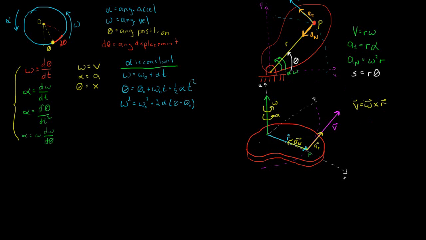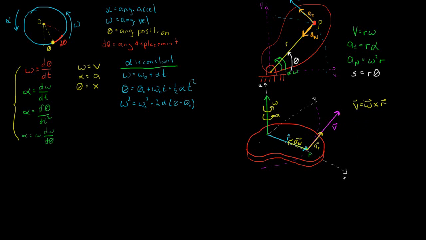So if we have our angular velocity, which is just in the z direction, and we have this r vector, this position vector, which is just in our x direction, the velocity is going to be just in the y direction. And I know it doesn't look completely parallel, but I'm telling you this is just in the y direction. So this makes sense if you think about it that way. The velocity is going to be orthogonal to both the angular velocity and the position vector.